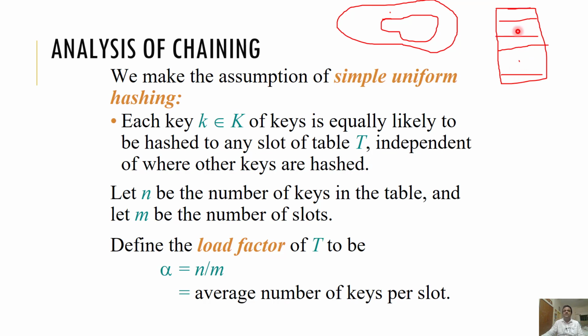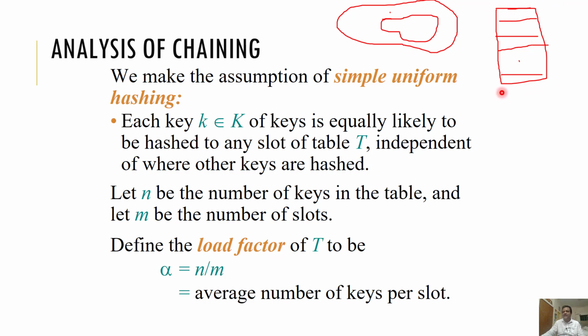So this uniformity will be there, so that not all the keys are mapped to the same slot. A hash function is a good hash function if it distributes the keys uniformly over the slots.